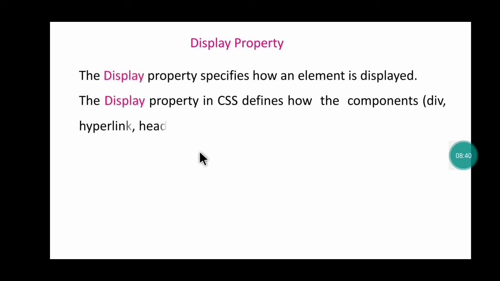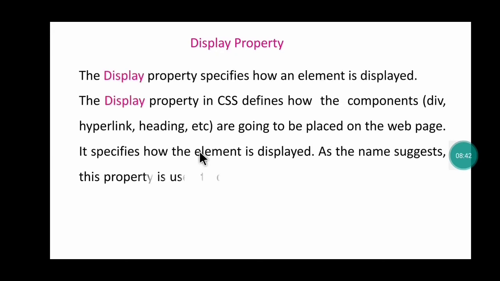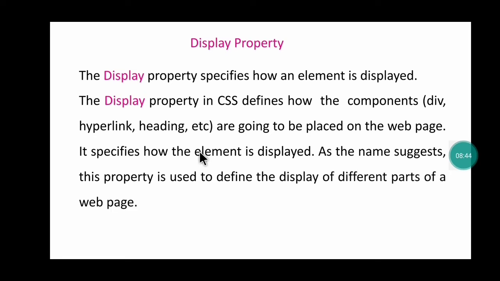Next, the display property. The next property is display, and display also has values. The display property specifies how an element is displayed. As the name suggests, wherever you want to display any content on the web page, you can use the display property. In CSS, it defines how components, for example div tag, hyperlink, heading, etc., are going to be displayed on the web page.